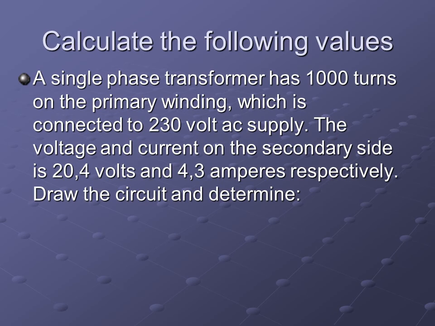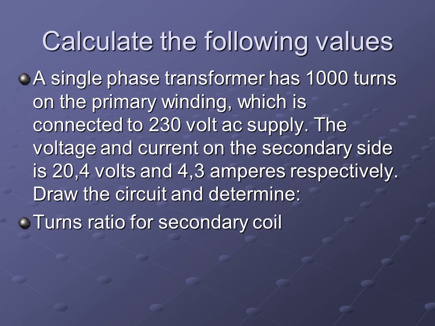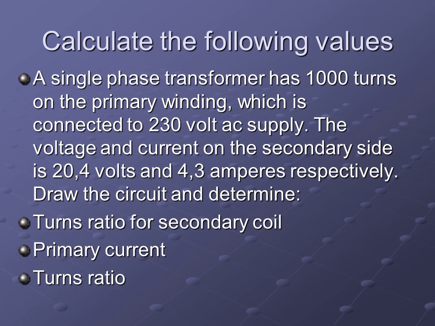Draw the circuit and determine the following. The turns ratio for the secondary coil. What will the primary current be? Determine the turns ratio and voltage per turn. The last two questions will take a little bit more skill.